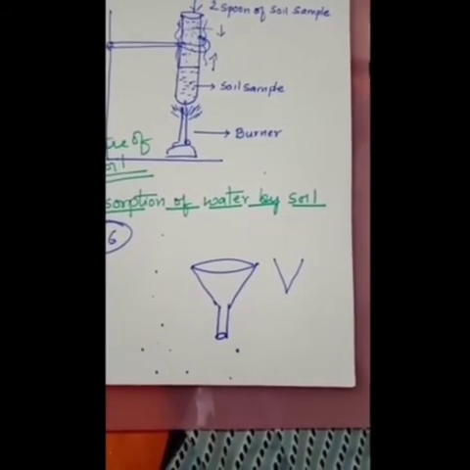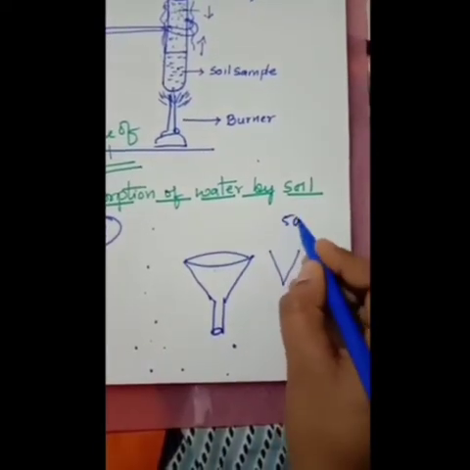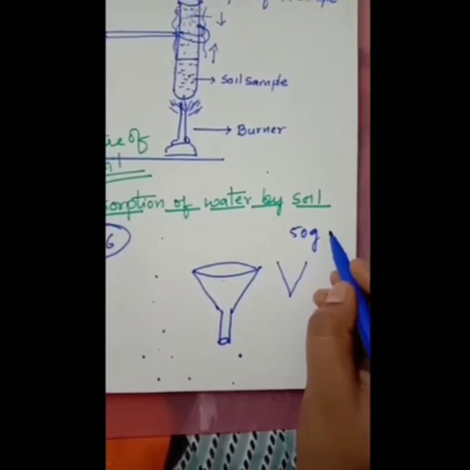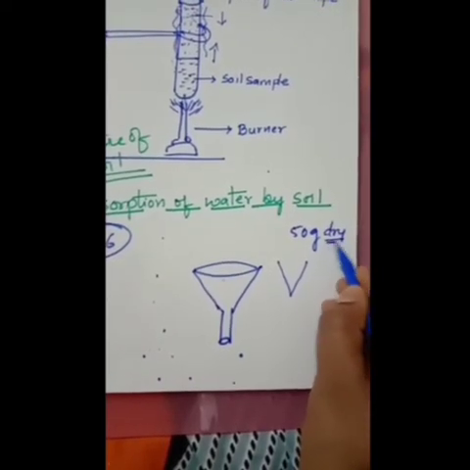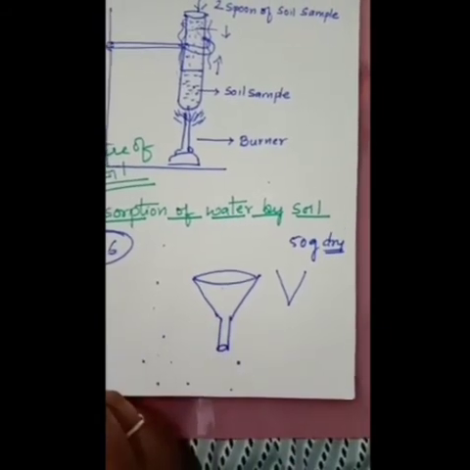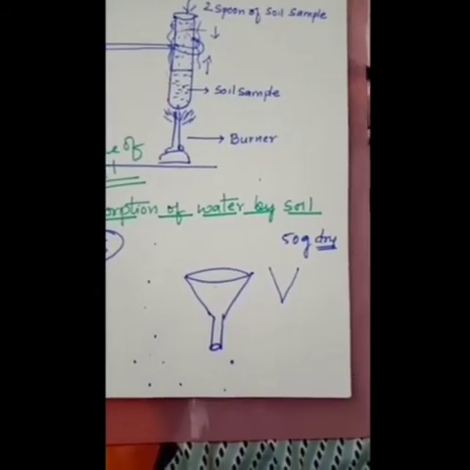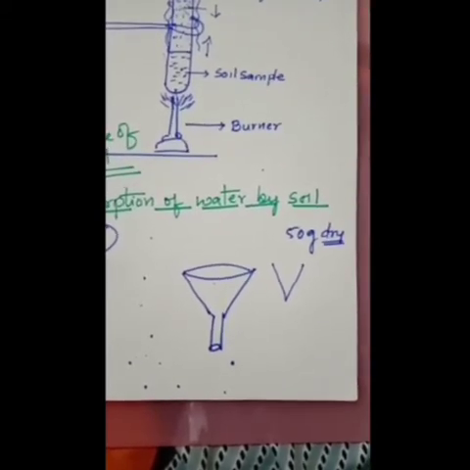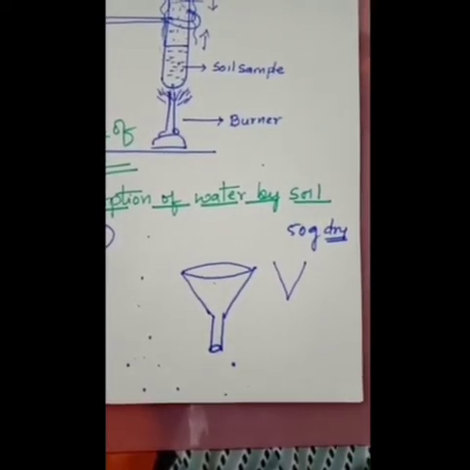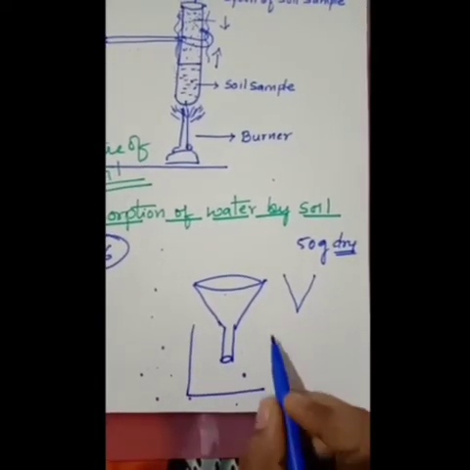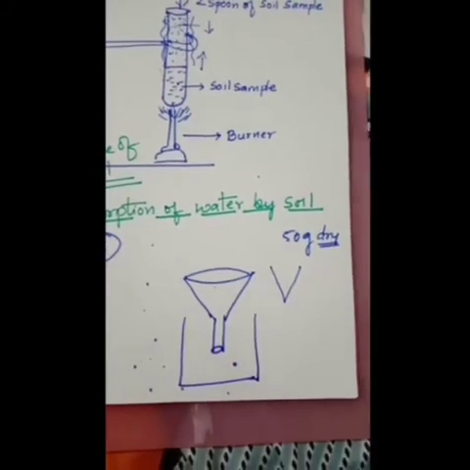Weigh about 50 grams of dry powdered soil. This has to be a dry soil sample. Pour it into the funnel. Measure a certain amount of water in a measuring cylinder and pour it drop by drop on the soil. To collect the water, you have to keep one beaker here.